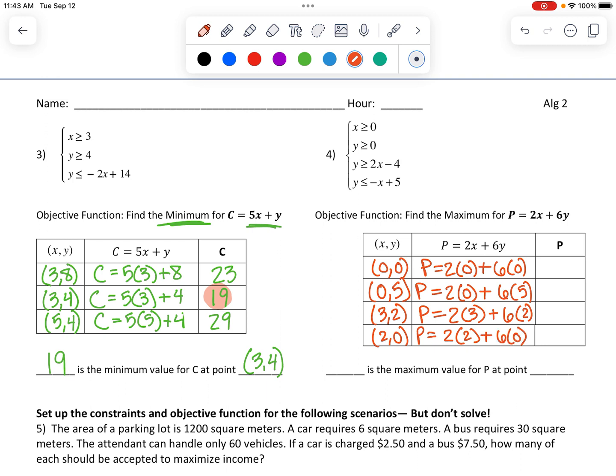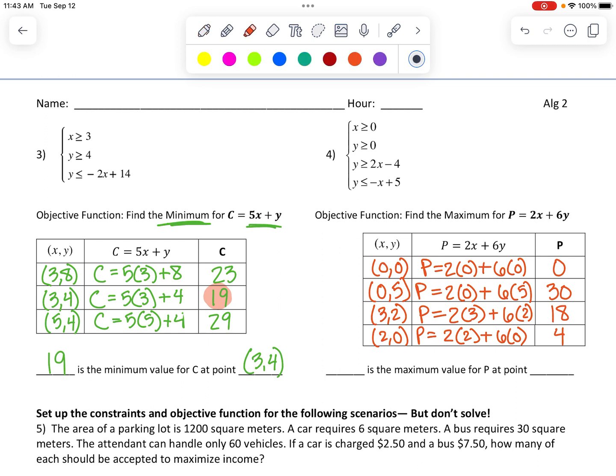All right, so 2 times 0 plus 6 times 0, we get 0. 2 times 0 plus 6 times 5, we should get 30. 2 times 3 plus 6 times 2, we got 6 times 2 is 12. 2 times 3 is 6, so we should get 18. And then last one, 2 times 2 is 4. 6 times 0 is 0, so we should have 4.